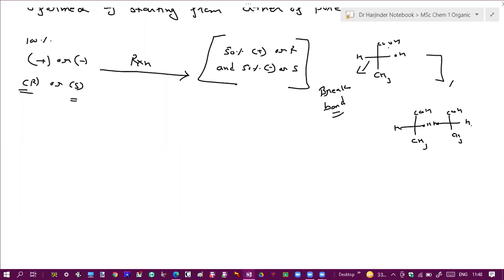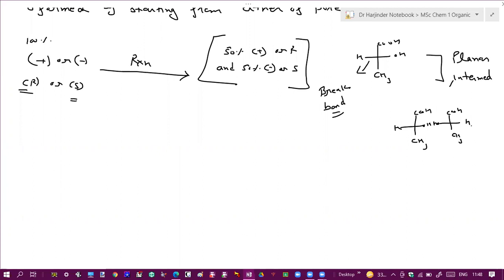So you have to break a bond over the chiral carbon and then reattach from the opposite side in such a way that 50% original enantiomer is formed and 50% the other enantiomer is formed. That means you also need some planar intermediate.